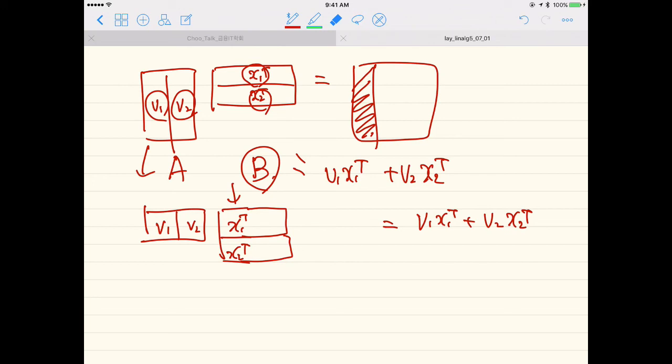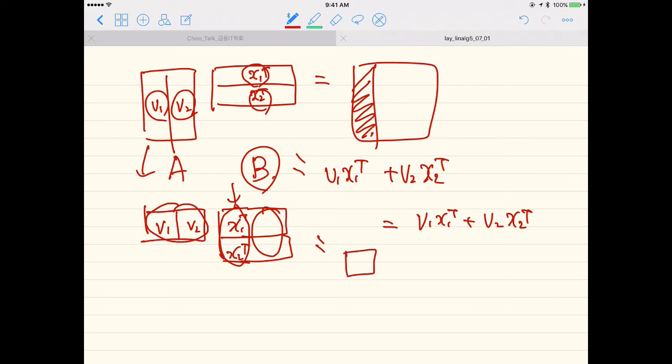If we think about the result, the first entry will be the inner product between these two, which is still a scalar value.